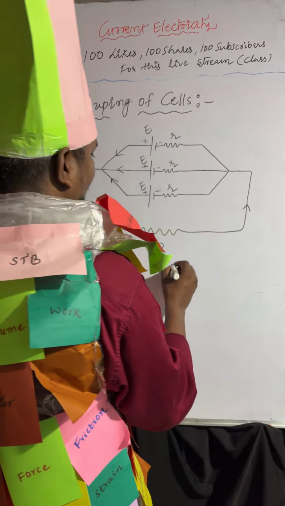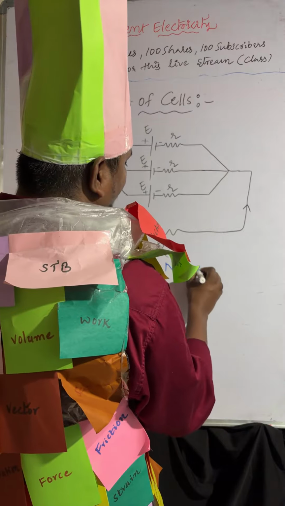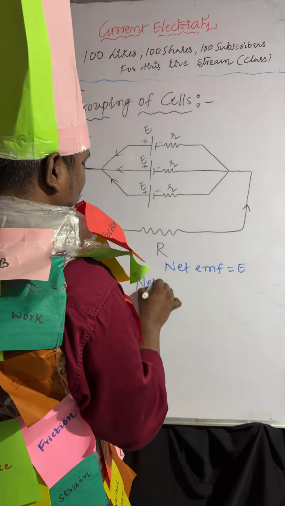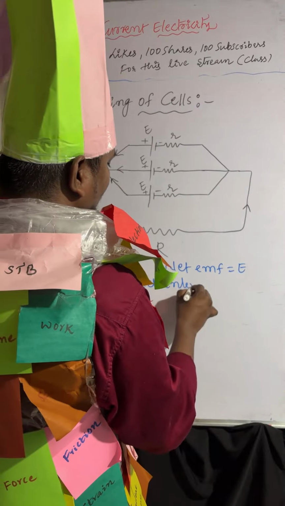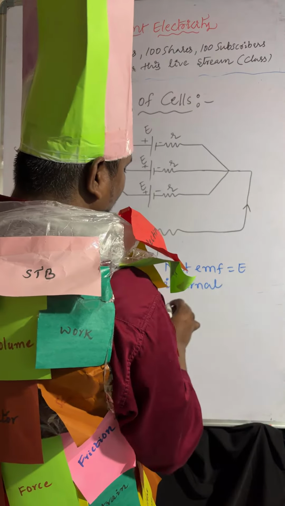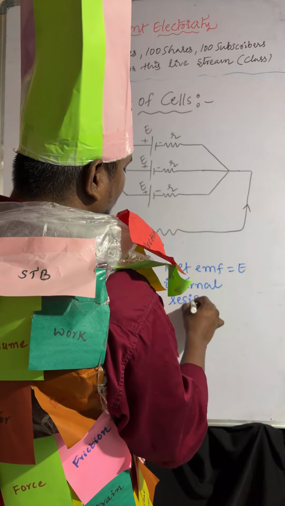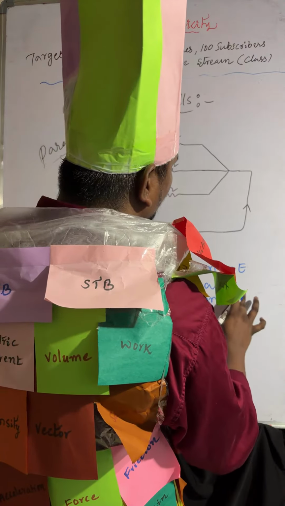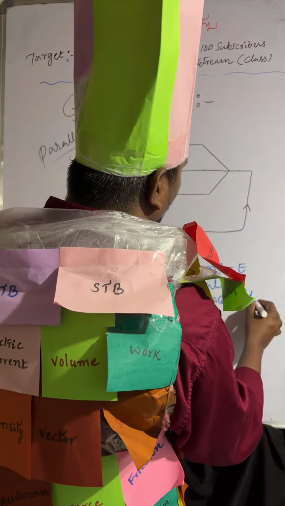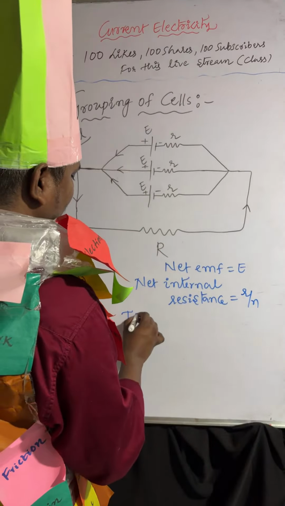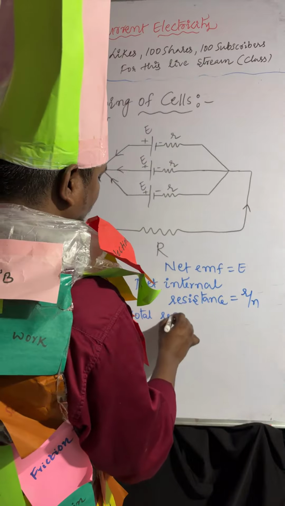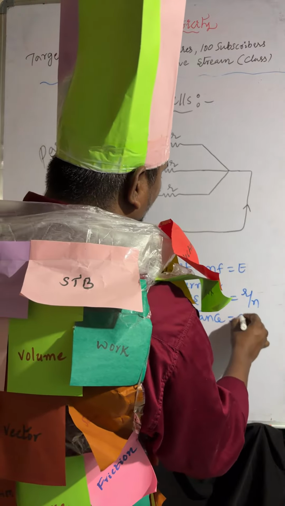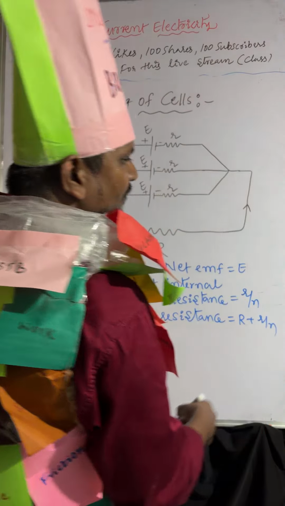Now cells are connected in parallel combination. Net EMF is E, net internal resistance equal to r by n. Total resistance is R plus r by n.